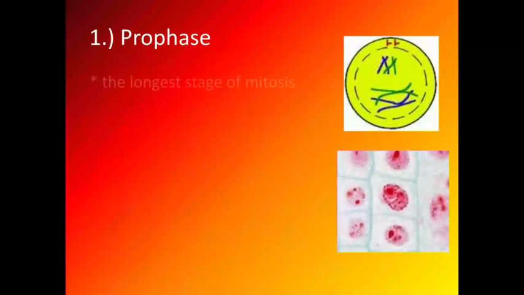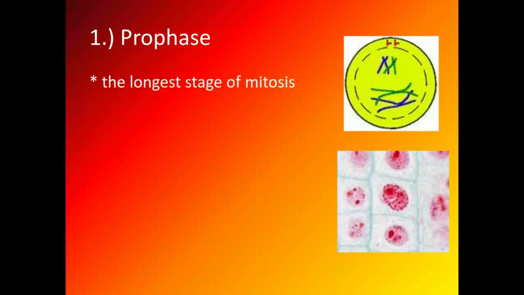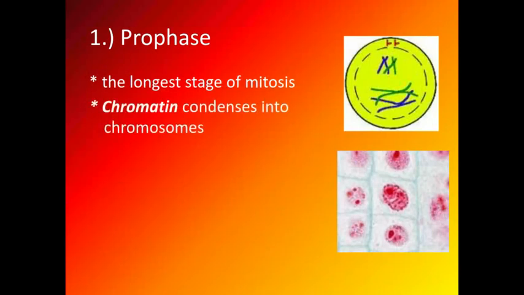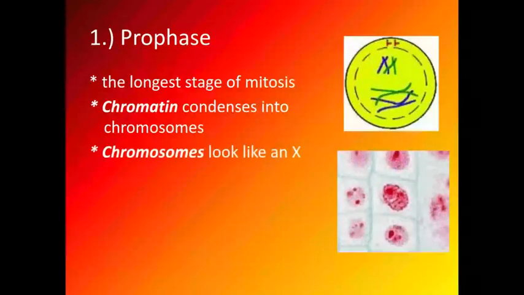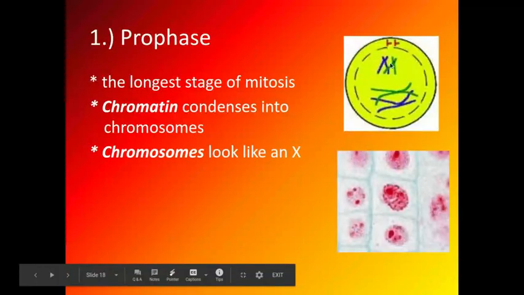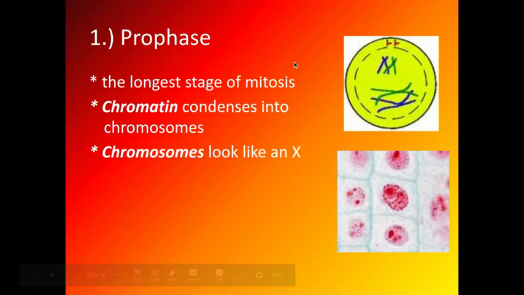So just breaking these down a little bit, prophase, the very beginning, it's the longest stage of mitosis. Something called chromatin, it condenses into chromosomes. The chromosomes, they look like an X. So these right here in this example would be your chromosomes, where your genetic material is.